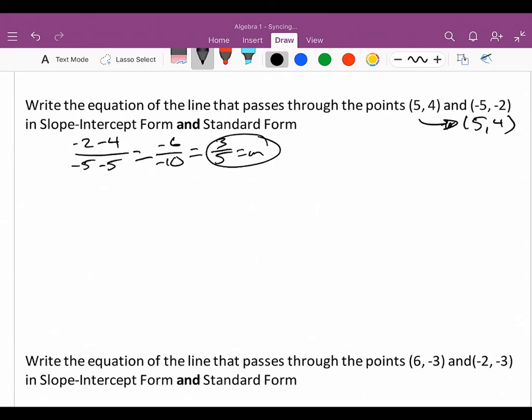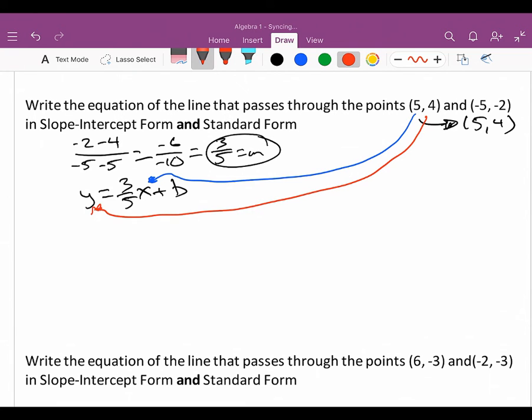And then from there, find your y-intercept. So y equals 3/5 x plus b. I'm going to plug in one of the points: 5 for x, 4 for y. That gives me 4 equals 3/5 times 5, plus b.